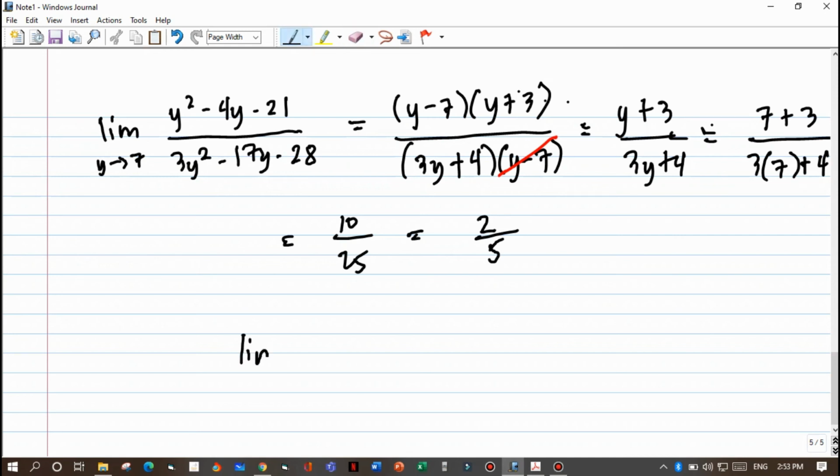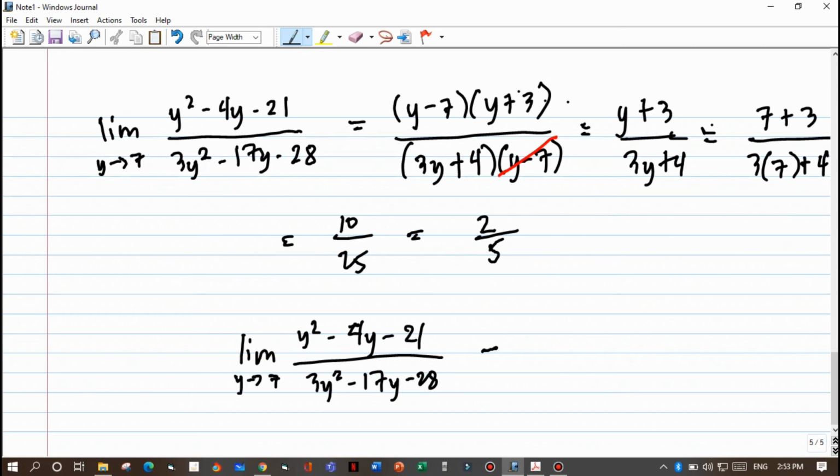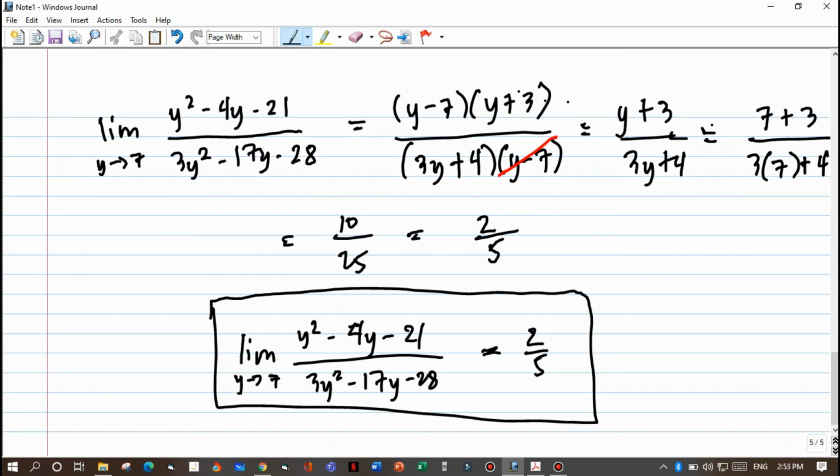Therefore, the limit of y squared minus 4y minus 21 all over 3y squared minus 17y minus 28 as y approaches 7 is equal to positive 2 over 5. And this is our final answer.